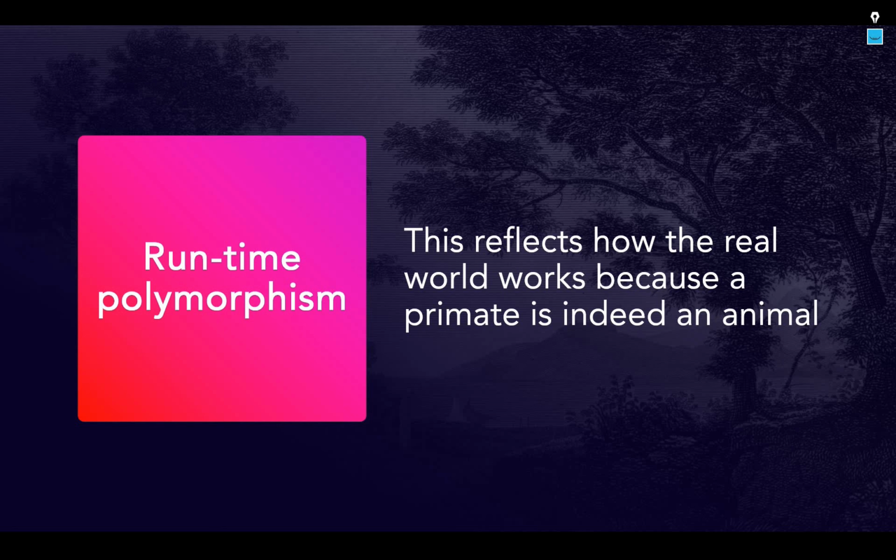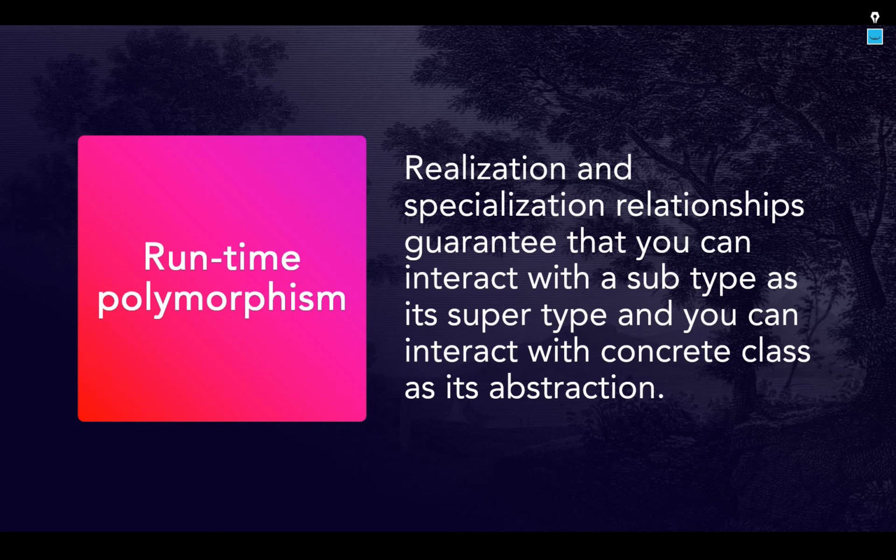These realization and specialization relationships guarantee that you can interact with a subtype as its supertype, and you can interact with concrete classes with their abstractions as well. And that's all for this short presentation.